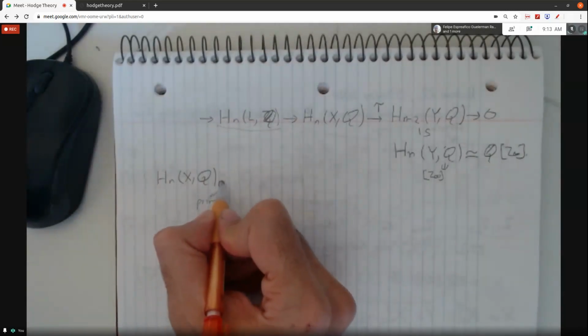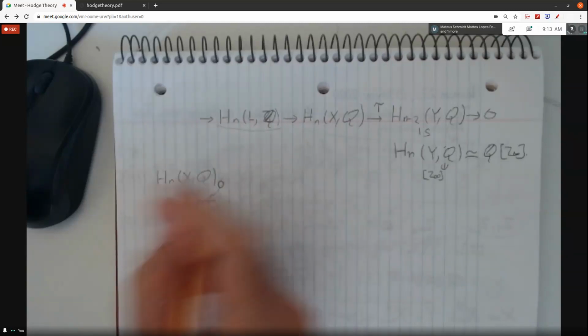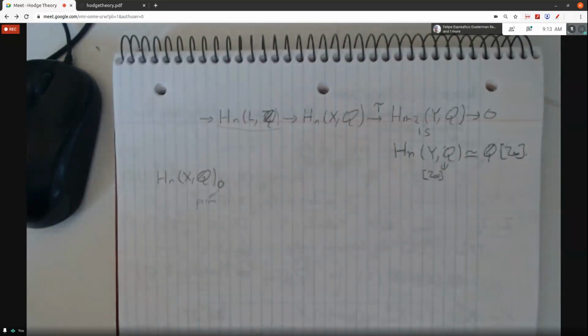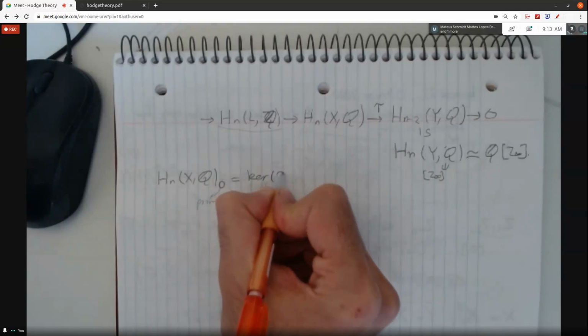In my book, there is over Z some check. This has to do with the torsion stuff, but let's forget the torsions. In particular, working over rational numbers, we don't need to talk about torsions. So this is the kernel of tau.